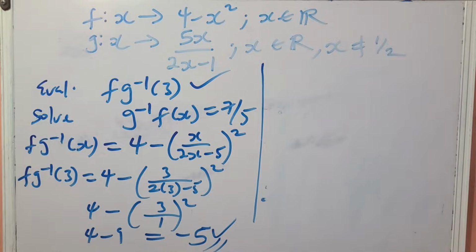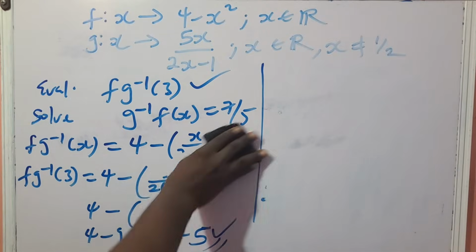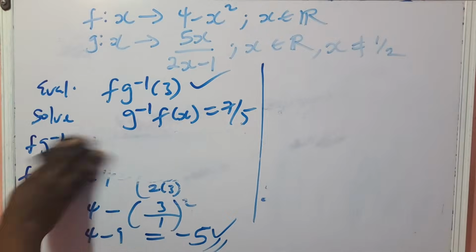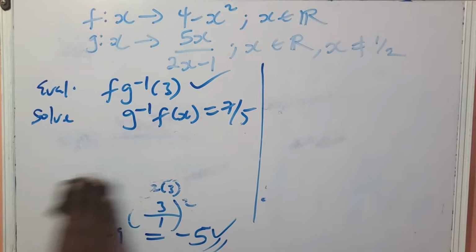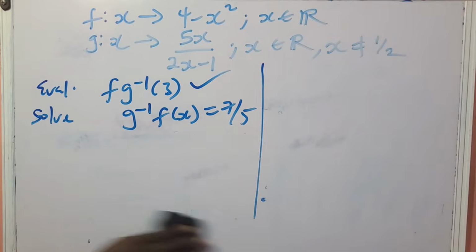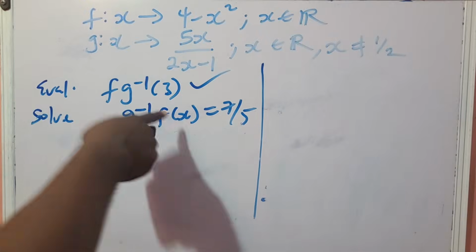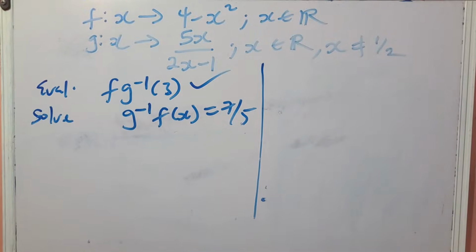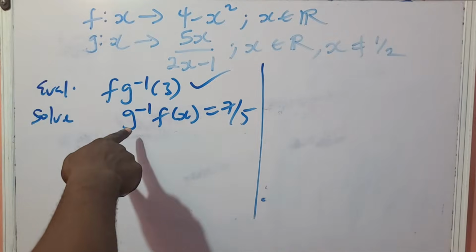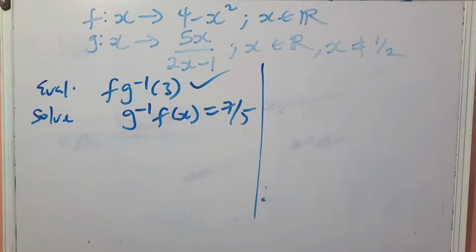All right. So let me start from here. I want to solve this expression. So we have, look at it now, G inverse as the parent and the f function is the child.